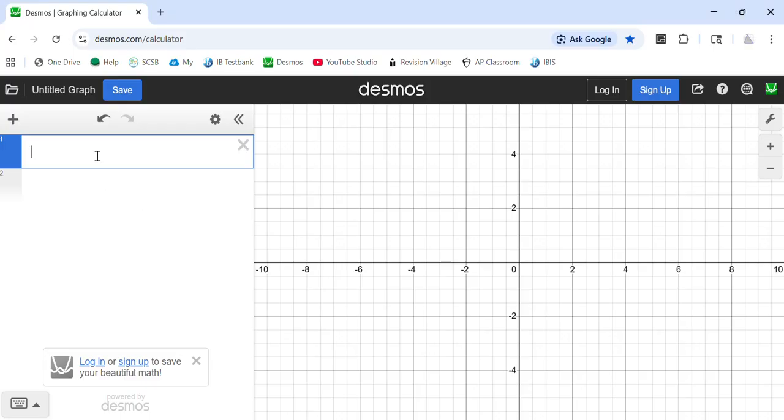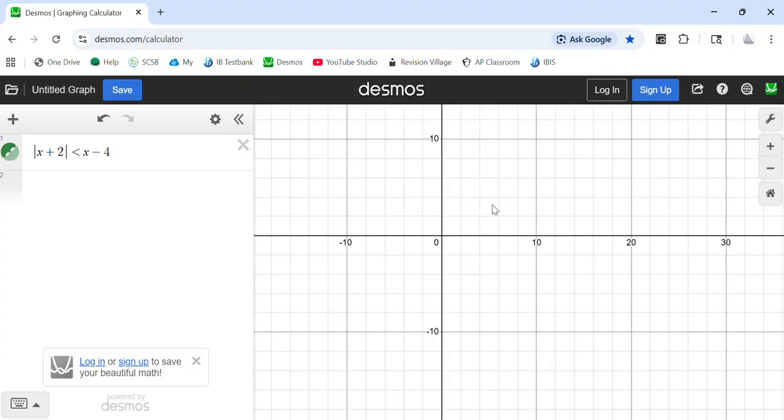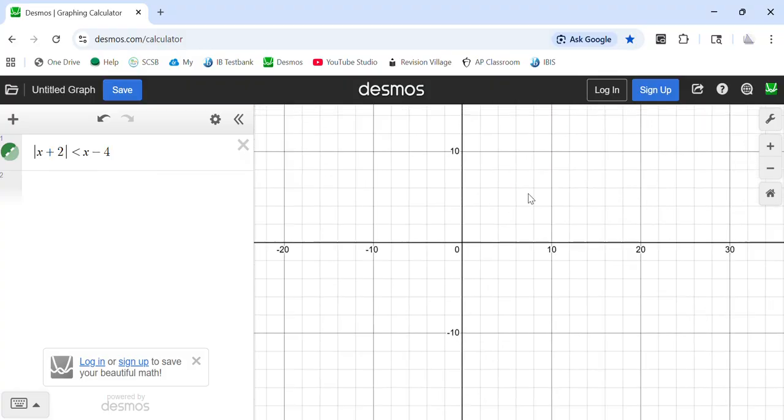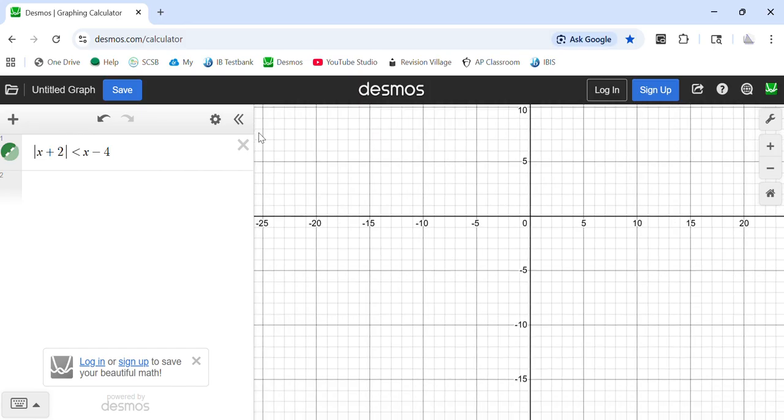So when I go to Desmos, shift that bar, remember it's underneath the backspace, x plus 2, close it, less than, which is right above the Alt key on the right hand side of the bottom keyboard, x minus 4, zoom out, that's weird. It would appear as though that question has absolutely no answers. That can't be it. So let's get rid of it, and let's see, hopefully that last one works.